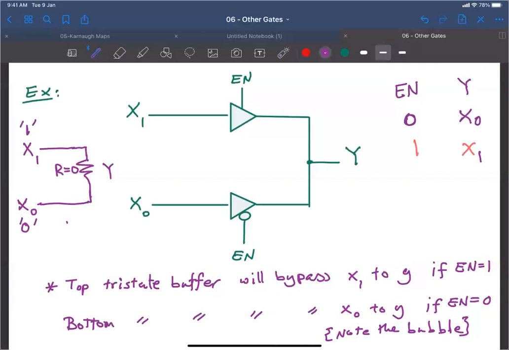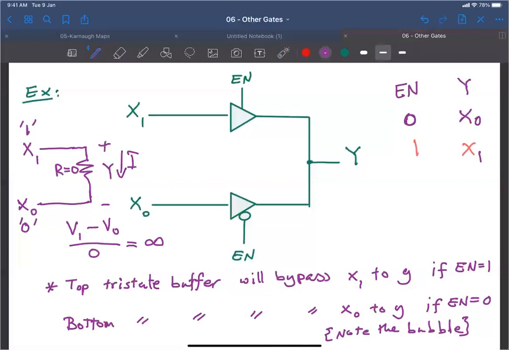It's going to be the voltage difference between the two nodes divided by the resistance: V1 minus V0, divided by 0, which is infinity. This is why you may burn your circuit. Of course, infinity is theoretical. In practice, you'll have a large current, which will burn your components.